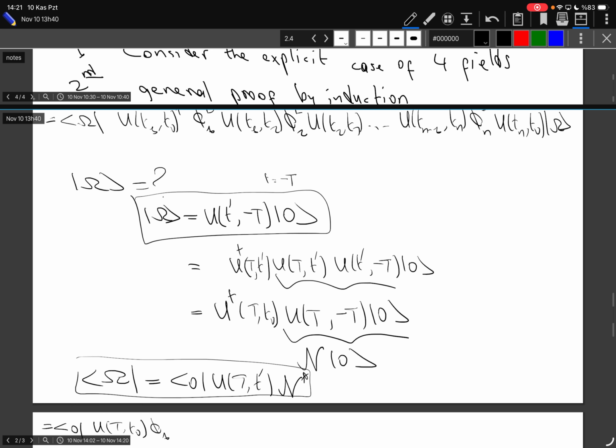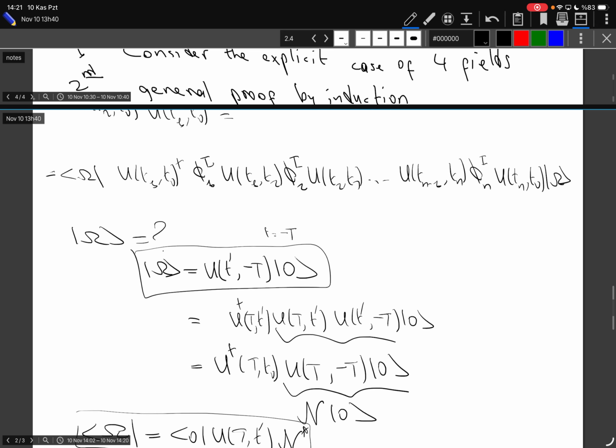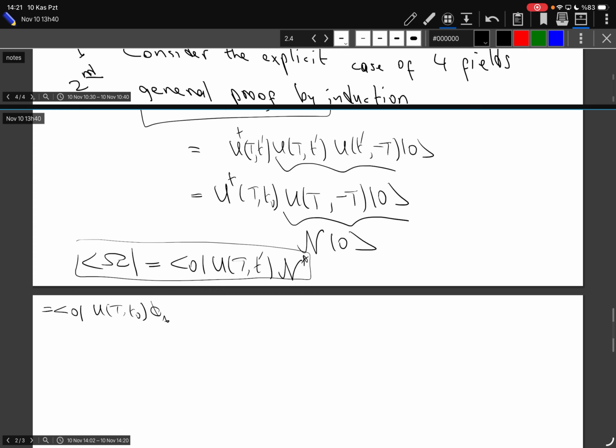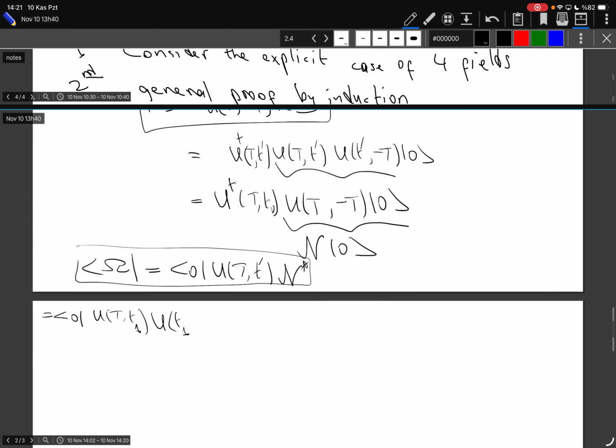Now, why will that be important? Because you see here, I would like that t prime to be t1. No, sorry, I don't even want that. It's t0.